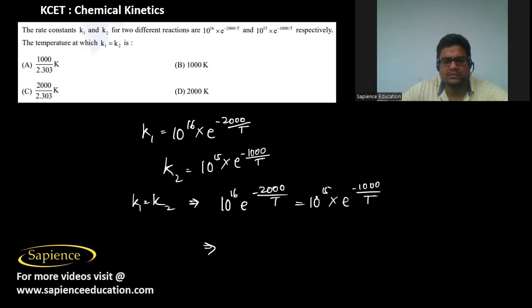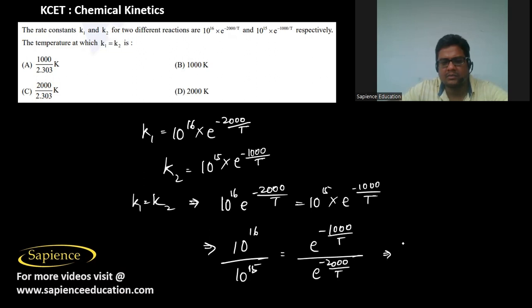So therefore this we can write: this will be 10 power 16 divided by 10 power 15, equal to e power minus 1000 by T divided by e power minus 2000 by T. 10 power 15 will cancel out with 10 power 16 and 10 will come.